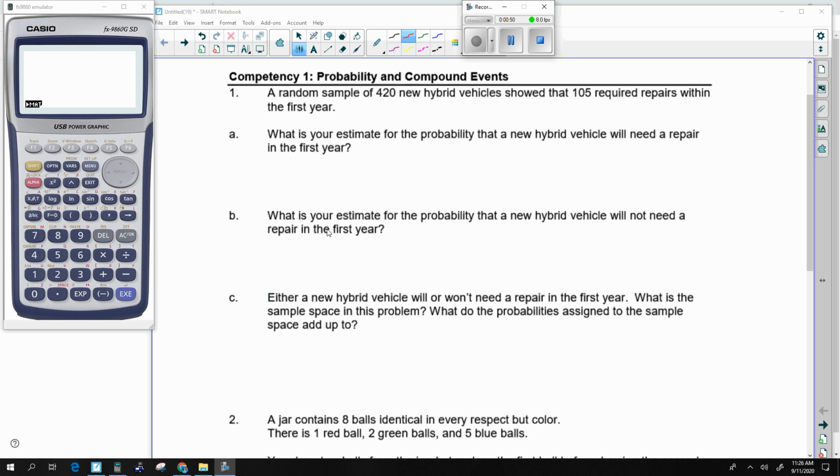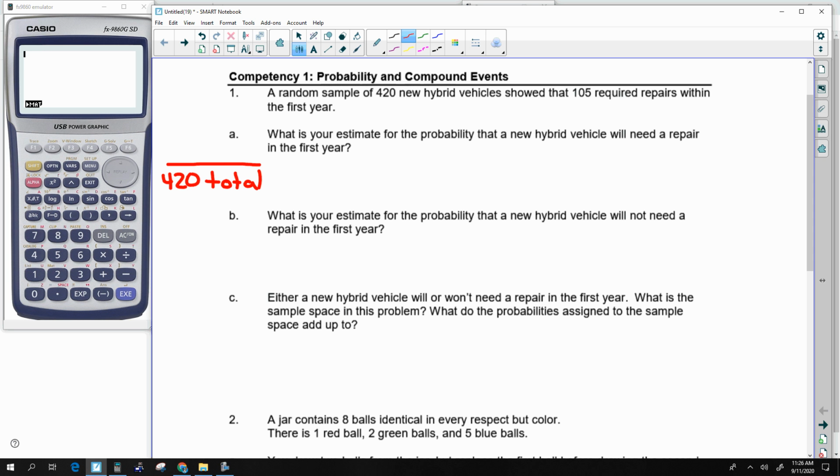So we begin with just a simple question about the hybrid vehicles and things like that. There are 420 total hybrid vehicles, and we see that 105 require repairs. All right, so if there's 420 and 105 need repair, that would imply that 315 don't.